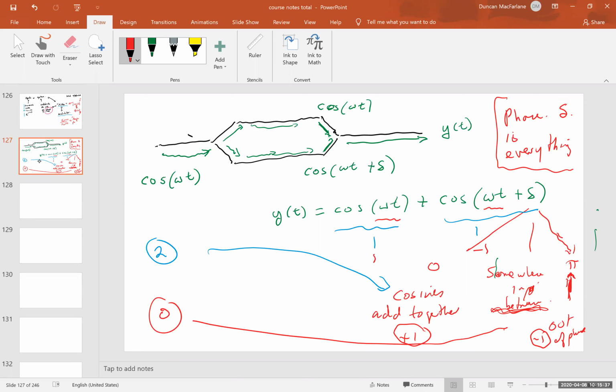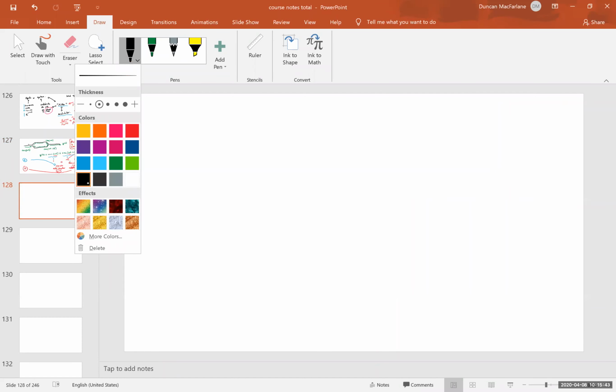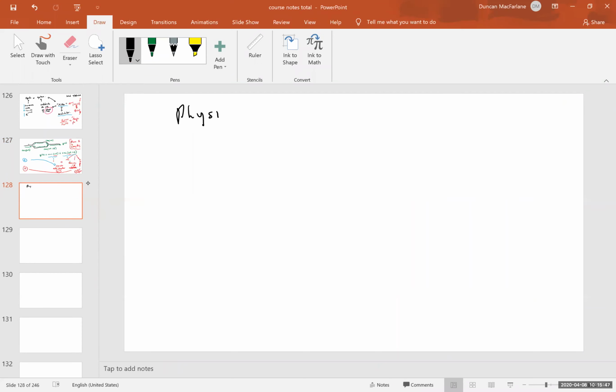So now I'm going to talk to you a little bit about what this device is. That'll give us the physical realization and some of the applications of the filter.